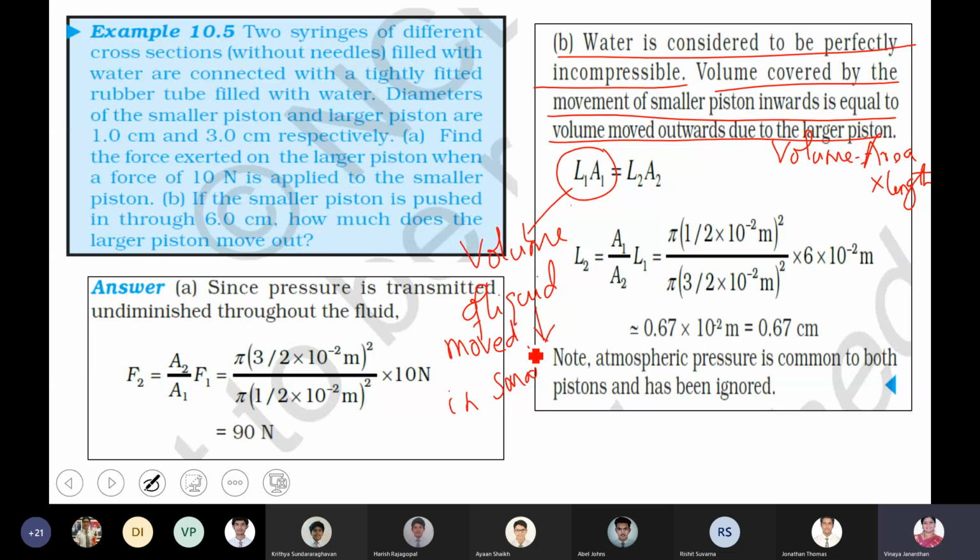The same amount should go up in the larger cylinder. What is L2 A2? It is the volume of the liquid which has risen in your second cylinder.